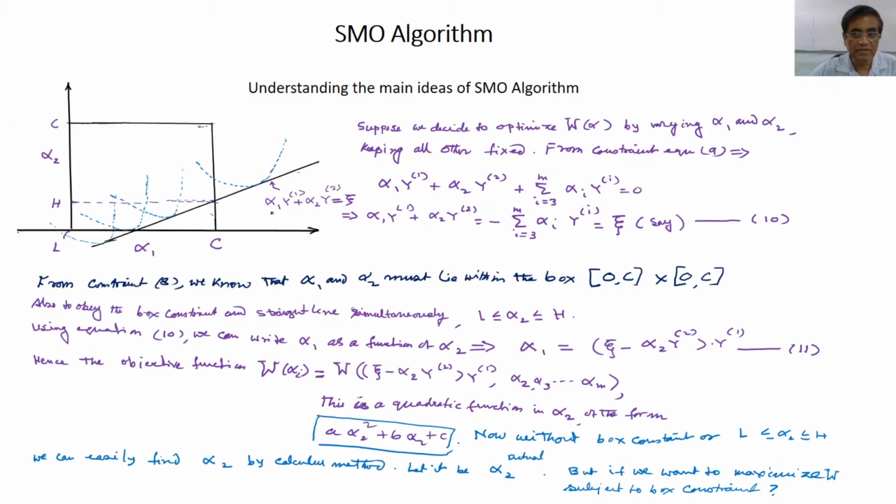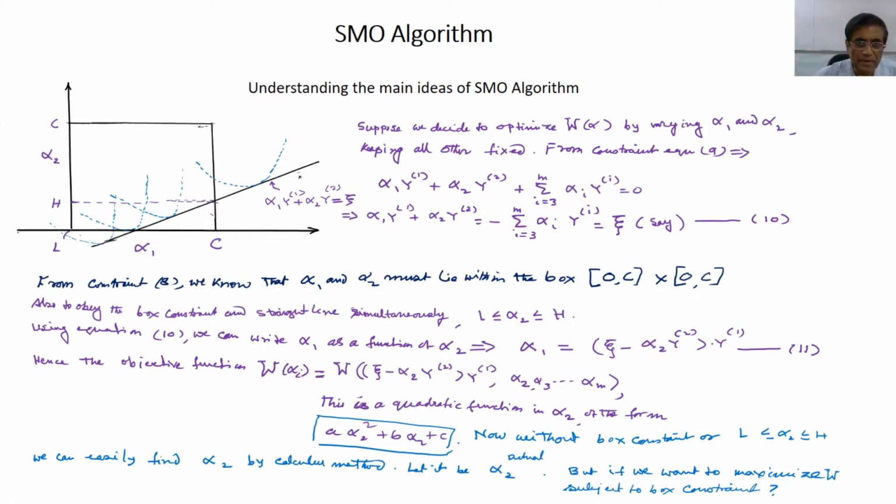What is that constraint? The modified constraint number 9, that is alpha 1, a straight line. This constraint could be here, could be here; that will depend on the iteration and alpha 1, alpha 2.